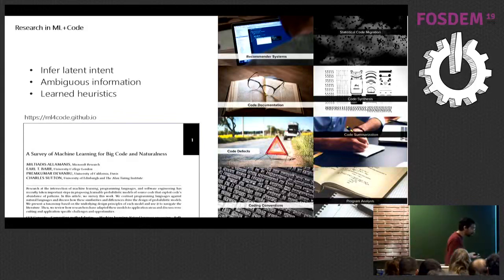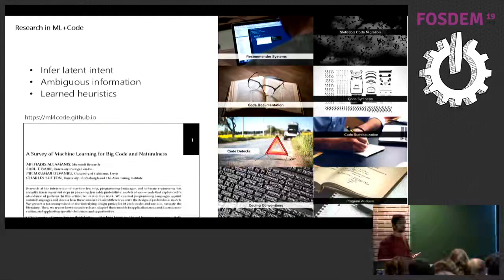There are other cases where we have ambiguous information. This is most commonly natural language, which is by definition ambiguous. And when we want to get the information in an ambiguous form and understand it in some way, this is where we want to use machine learning. And then, of course, heuristics inside our code that a lot of us use because we have to.